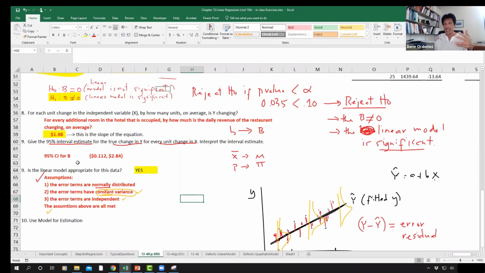So we'll look at this again in the next session, and hopefully we'll have a better understanding of the test for appropriateness. Okay? So if it wasn't clear as far as number 9 is concerned, that's understandable. We've covered quite a bit of ground today, so we'll repeat this again in the next session.